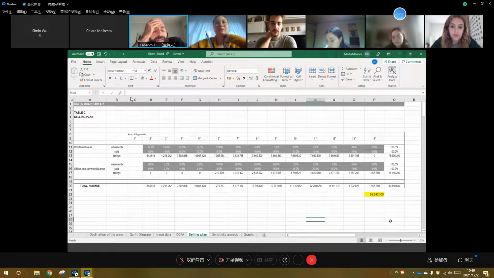It is about the distribution of installments in comparison with the sold rate. Because in this way you explained that all the residential area are sold until period number 6. So you obtain the, no, until the 15th quadrimester.